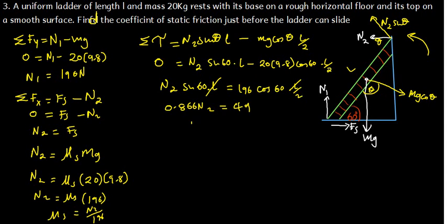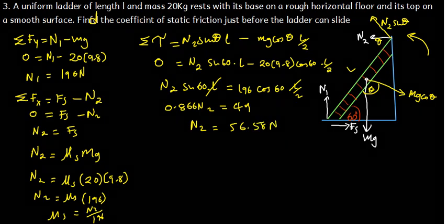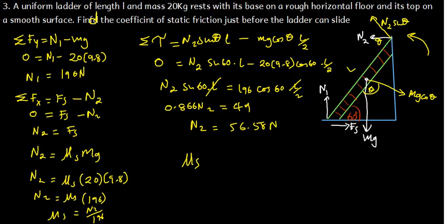So to remain with N2, we are going to divide 49 by 0.866, and that is going to give us 56.58 newtons.